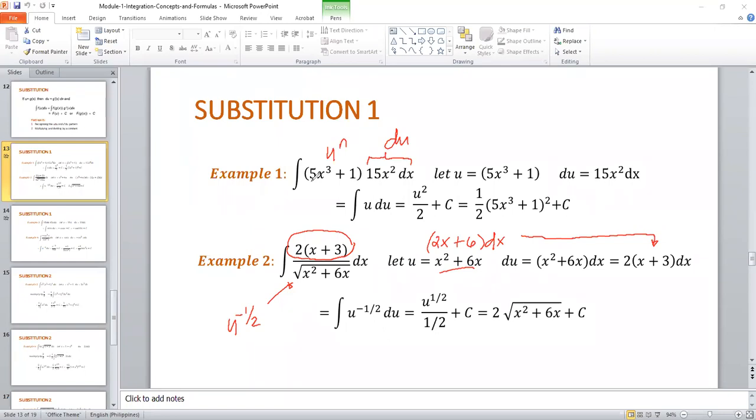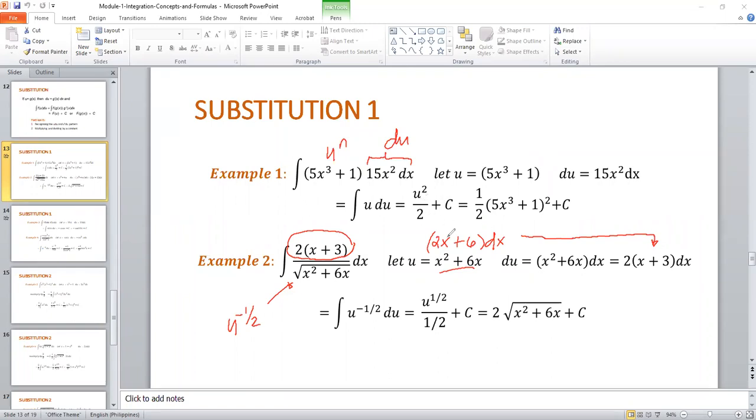Miss, question. Yes. For example number 1, Miss, where did the 1/2 come from? The 1/2 in number 1. Isn't this your u? This is your u, right? And it's raised to 1, understood to 1. So if you use power rule, it would be u squared over 2.